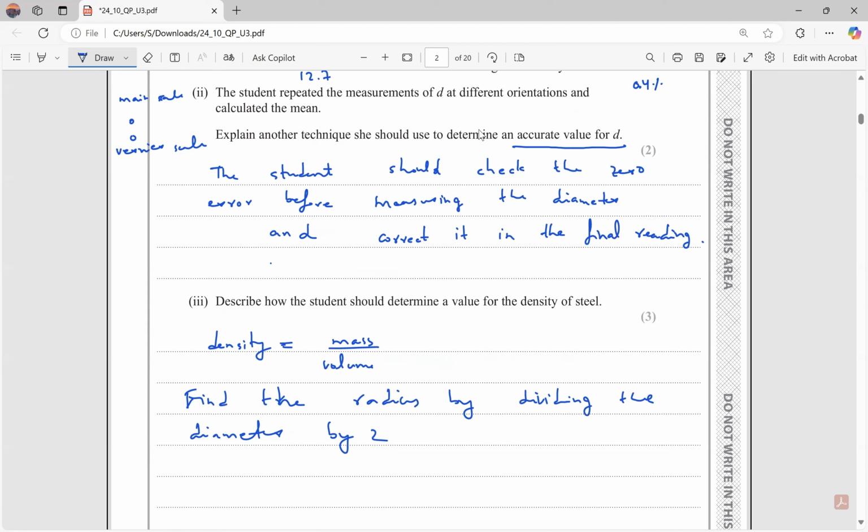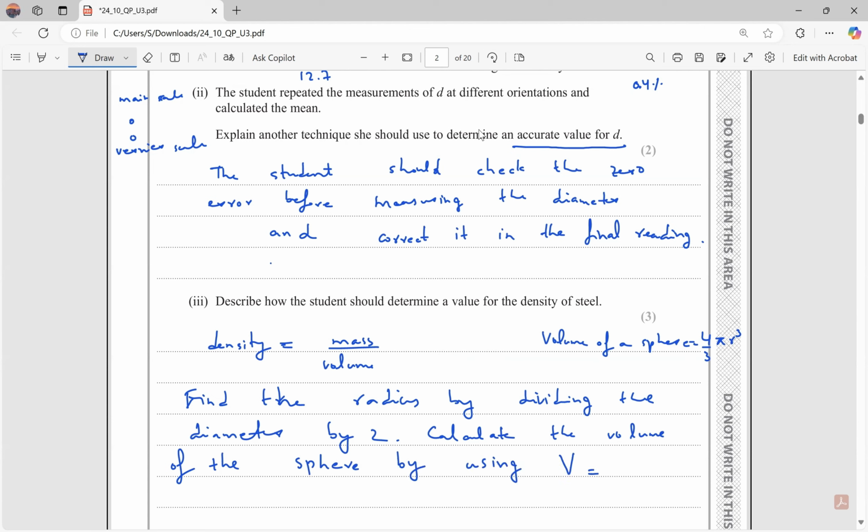And the volume of a sphere is 4 by 3 pi r cubed, where r is the radius. So we need to find the radius, then calculate the volume of the sphere by using volume is equal to 4 by 3 pi r cubed.